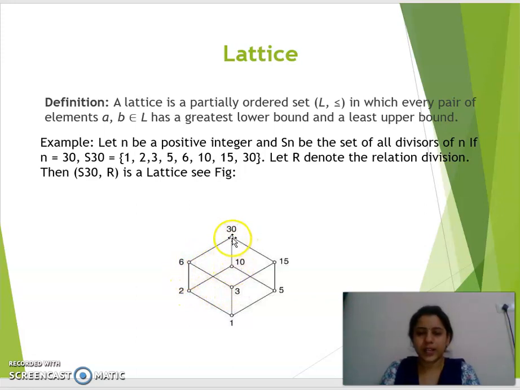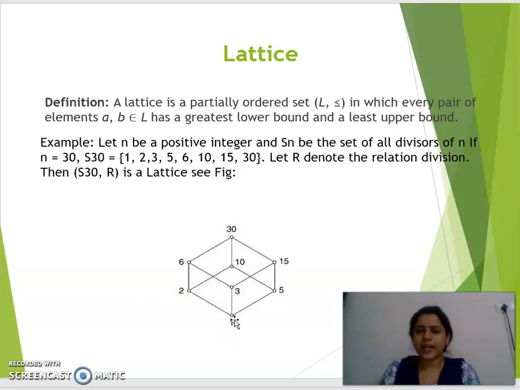So 6, 10 and 30 are the upper bound values. From these upper bound values 6, 10 and 30, the least one is 6. So 6 is the least upper bound value. So now we have the pair 1, 2 which has both the least upper bound value and the greatest lower bound value.